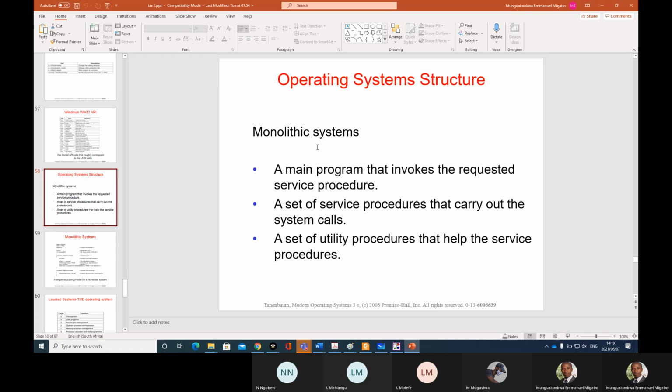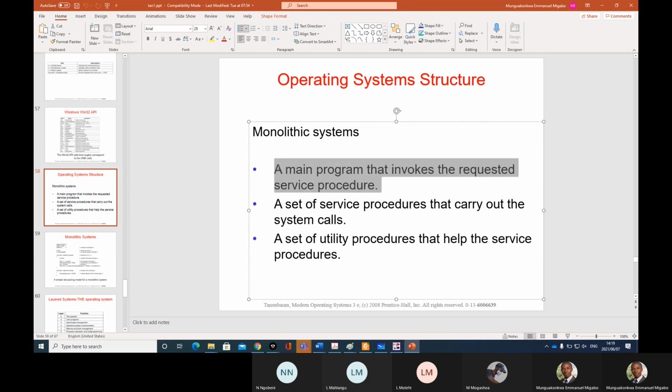In a monolithic operating system, a main program, a main procedure, is the one that invokes the requested service procedure. So everything is requested from the main program. Monolithic, as you know, has to do with a stone or something like that. So everything is centered around one thing, which is the main program.